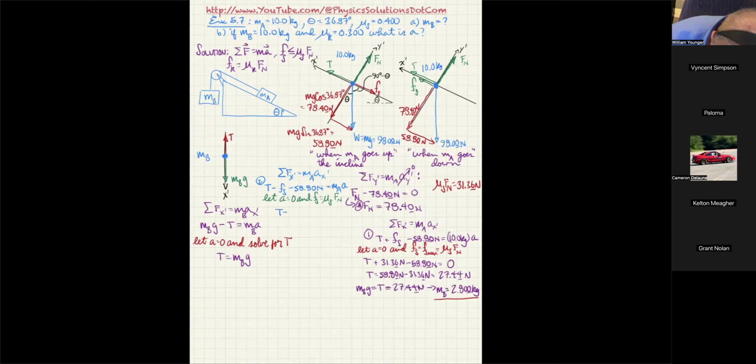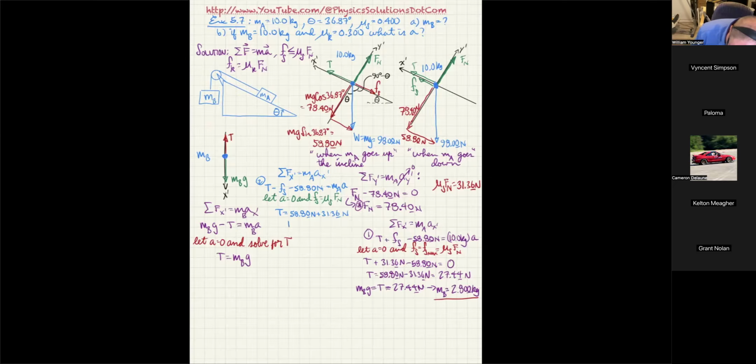Now, when I do that, I end up getting the following. Solving for T, I get T is equal to, in this case, 58.80 newtons on the other side becomes positive, but notice the F S also becomes positive. So I'm going to take the 31.36, which is what F sub S is, maximum. So that'd be 31.36 newtons, like that. And now I can just say 58.80 plus 31.36 is equal to 90.16.